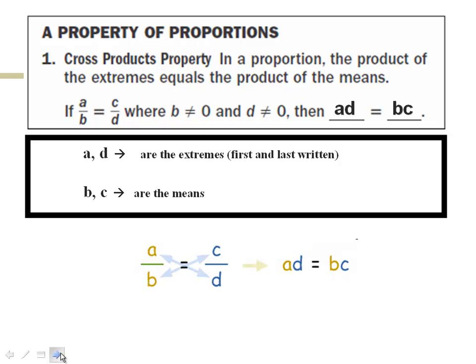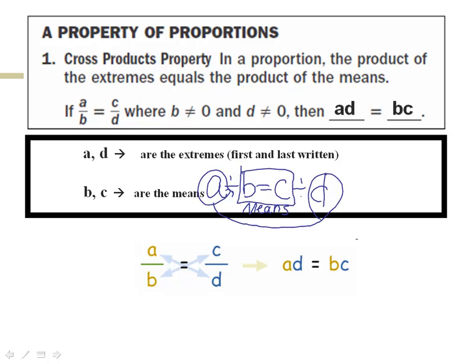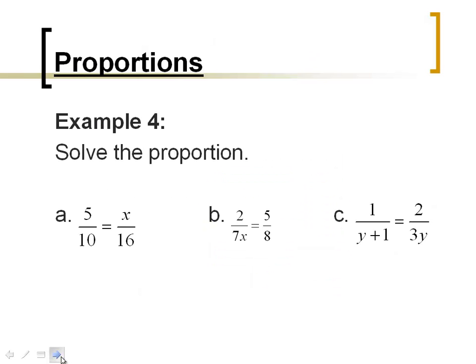And that means if I were actually to write these out the long way, A divided by B equals C divided by D. Notice these two are in the middle, that's why they're the means. And these two are my first and last things written, and that's why they are the extremes. Okay, so we do A times D equals B times C. So let's practice using our means, our cross products property.